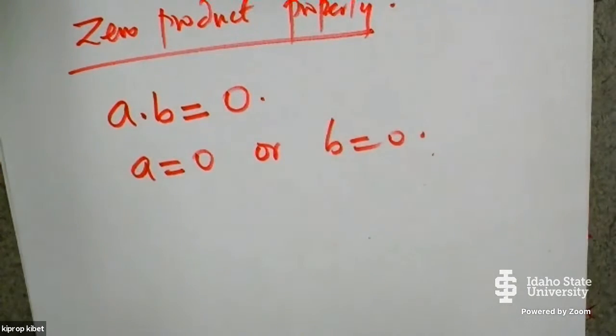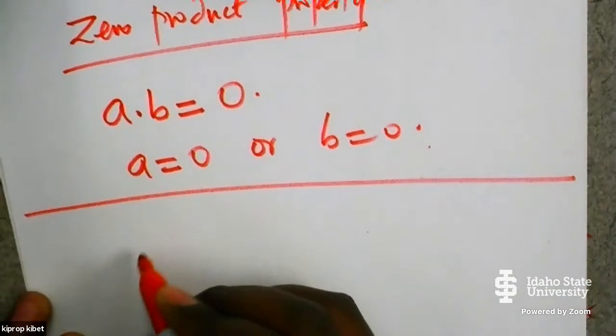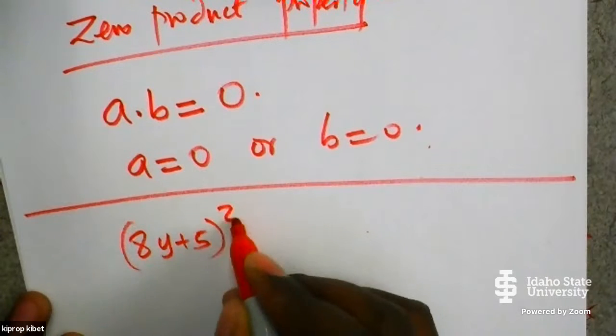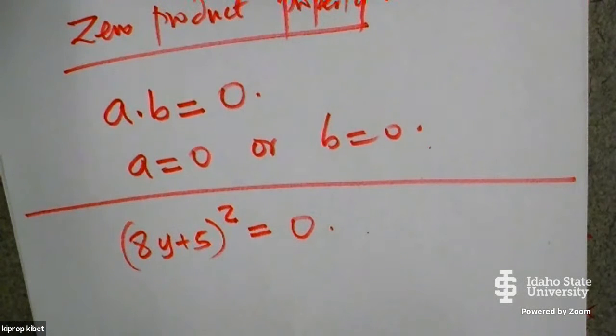Okay, let's do the last one here. If we have (8y plus 5) squared equals 0, what do you do here?